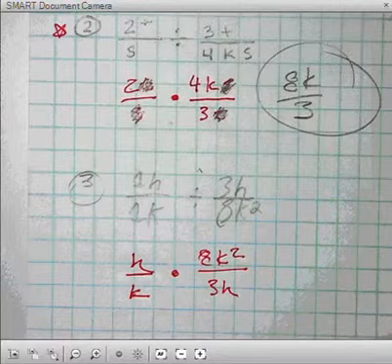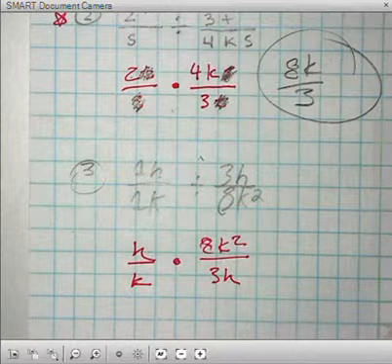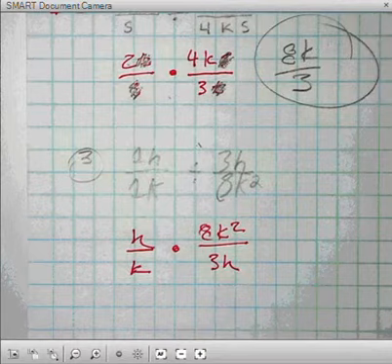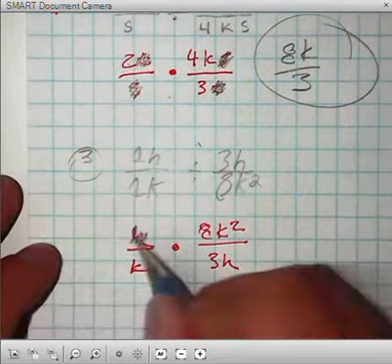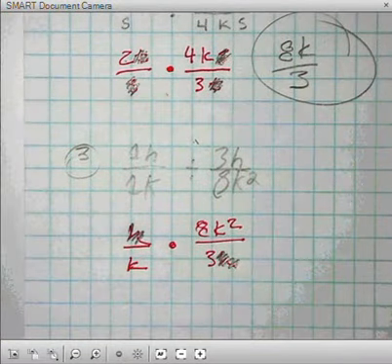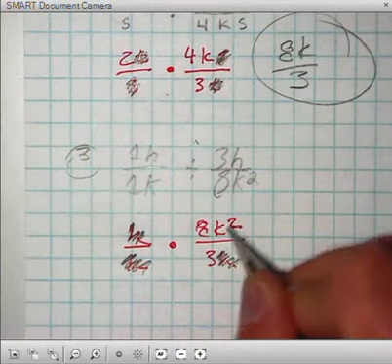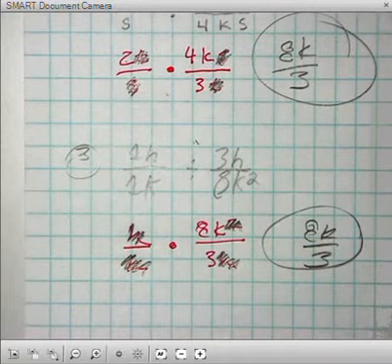Yes. Lena, what's something that'll cancel out? It is an H. So the H's will cancel. Good. Is there anything else that can cancel, Julian? Sure, I got a K here that can cancel and a K right here that can cancel. So I'm left with 8K over 3. Perfect. Very good. Excellent, excellent.